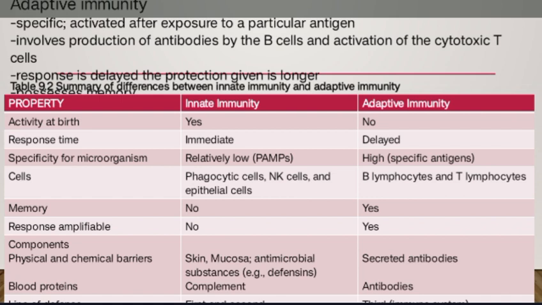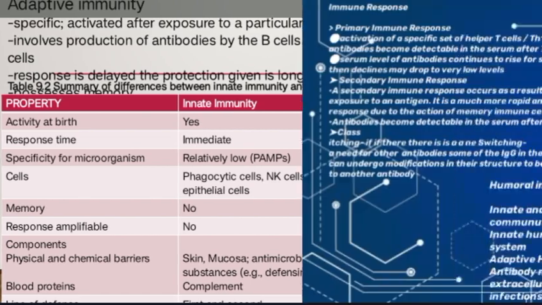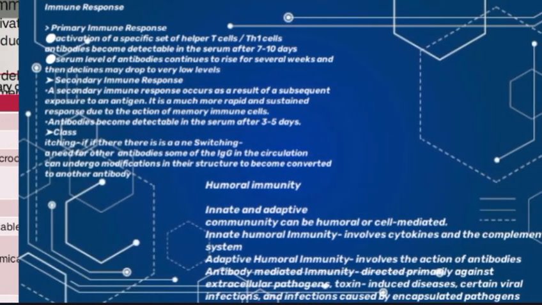Adaptive immunity possesses memory, unlike innate immunity, which does not possess memory. The presence of these memory cells ensures a higher response once there is re-exposure to the same antigen, making the response amplifiable.